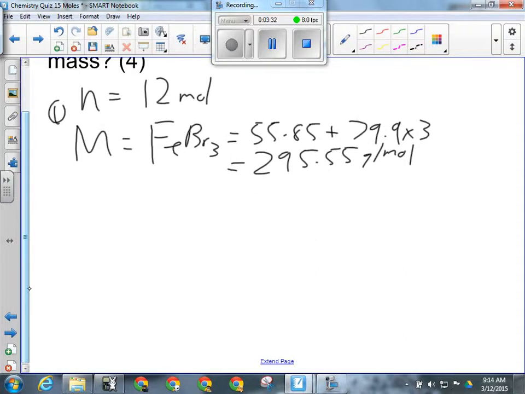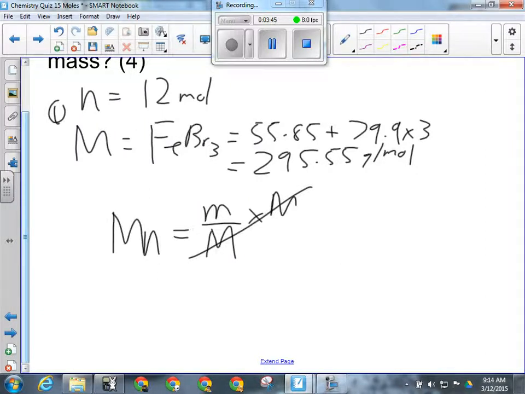Now I want to find the mass. N equals little m over big M. I need little m by itself, so what do I do with big M? Multiply both sides by it, right? Give them a mark if they got that. Then they'll get a mark for plugging in the numbers correctly.